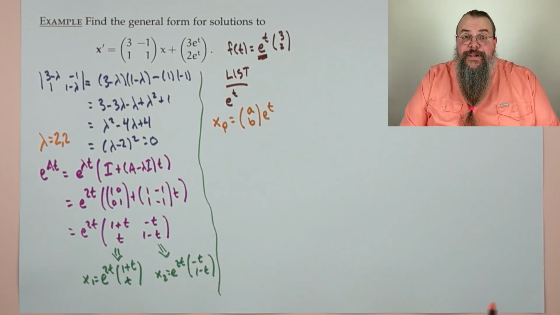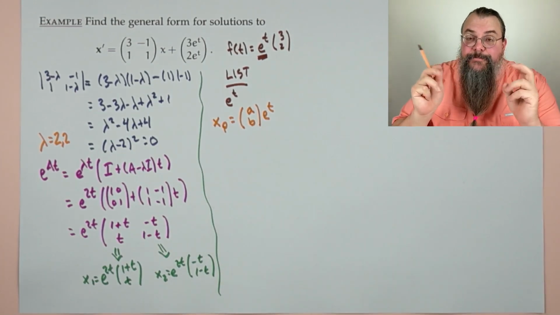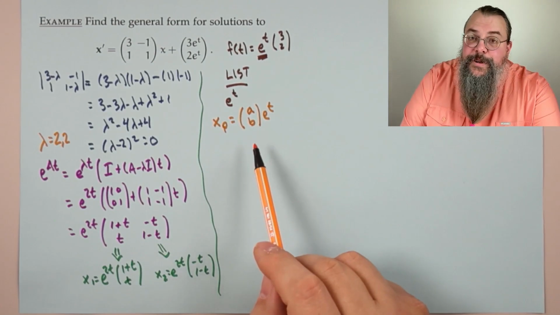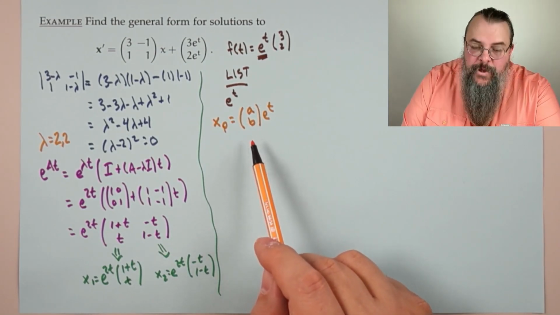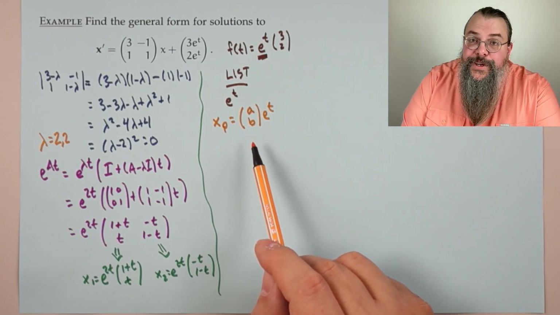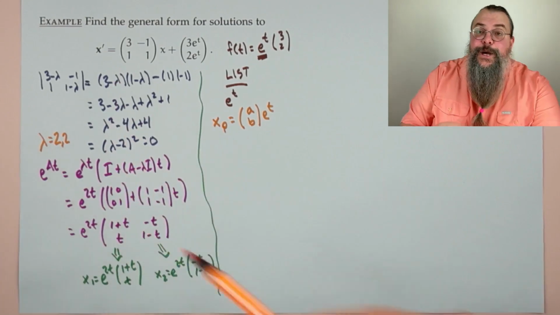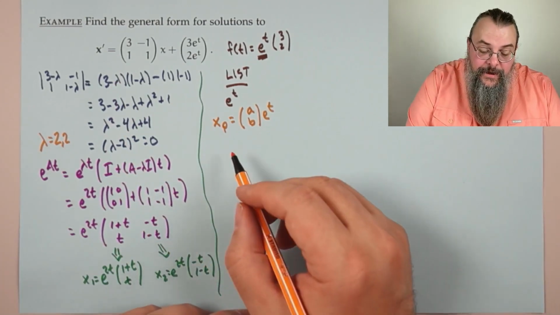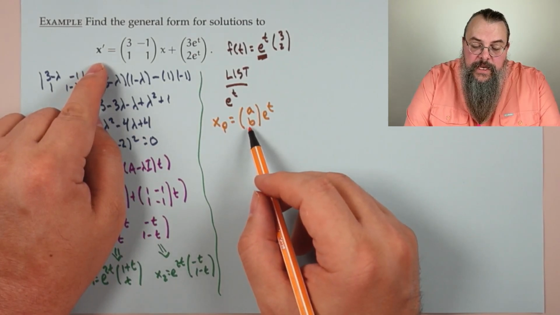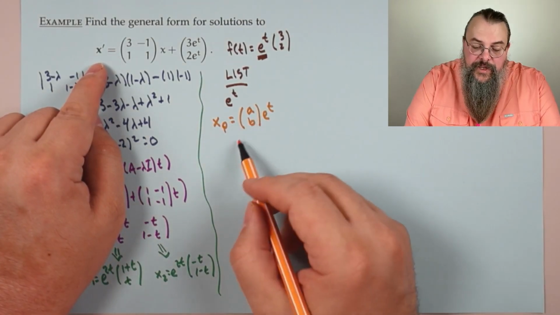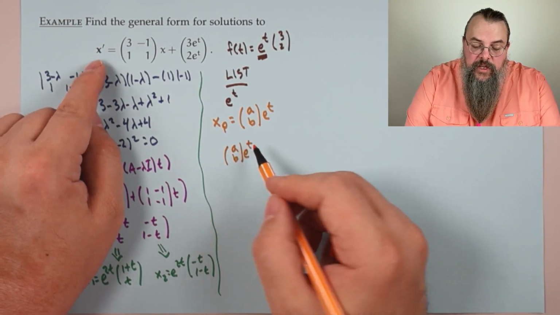So the question remains, how do we find the right vector? Undetermined coefficients, undetermined vectors. How do you find [a, b]? Well, it's a solution. So what do you do when you have a solution? You verify. You plug it in. So let's take the derivative. The derivative of the vector [a, b] times e to the t will be [a, b] e to the t.